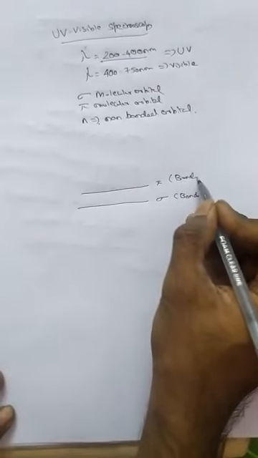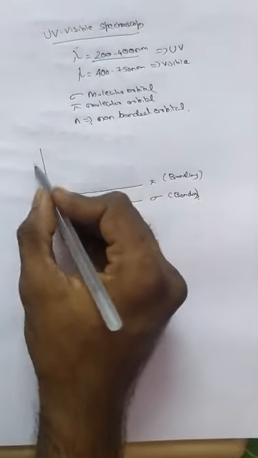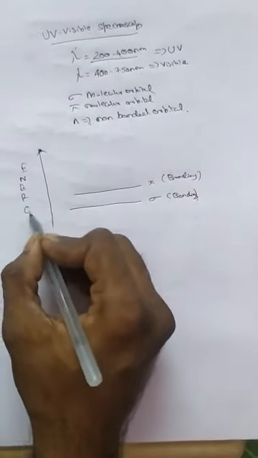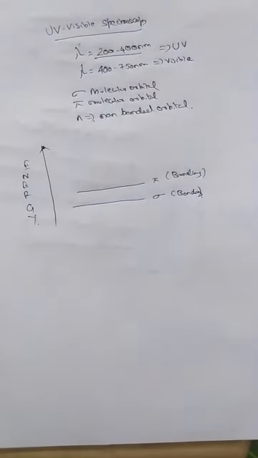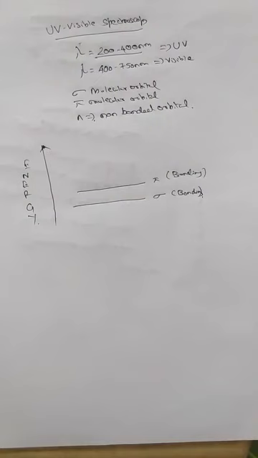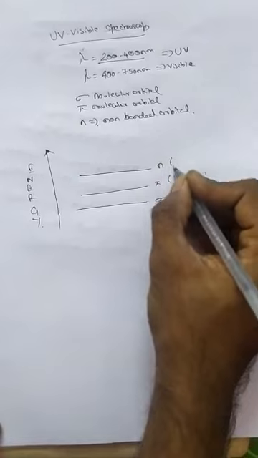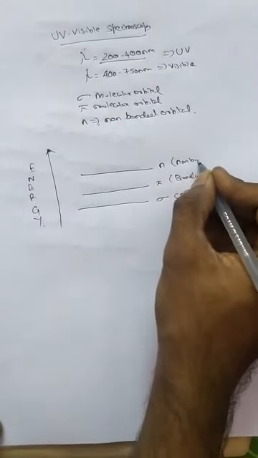In terms of increasing energy, there is the sigma bonding molecular orbital, which has a lower energy, then the pi bonding molecular orbital, which has a little bit higher energy, and then the non-bonded N orbital.